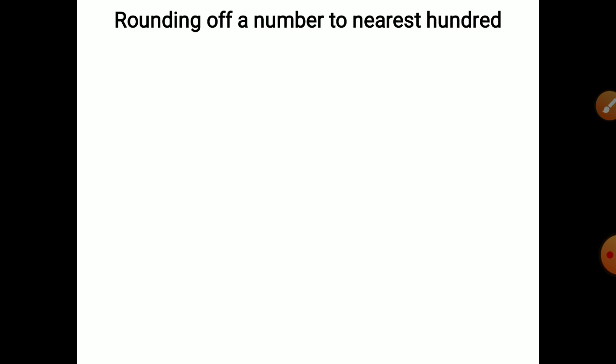Now we will learn how to round off a number to the nearest 100. To round off a number to the nearest 100, we will look at the tens digit.